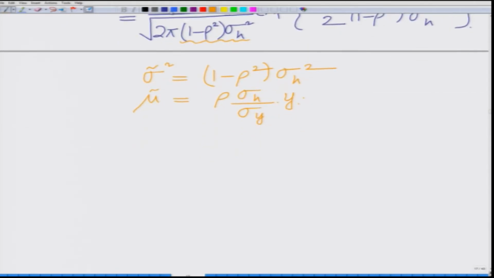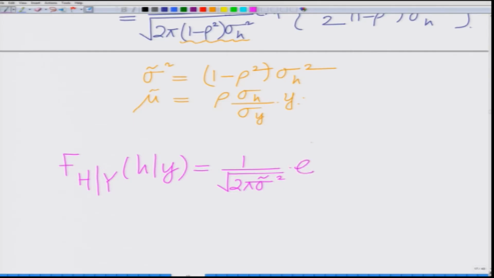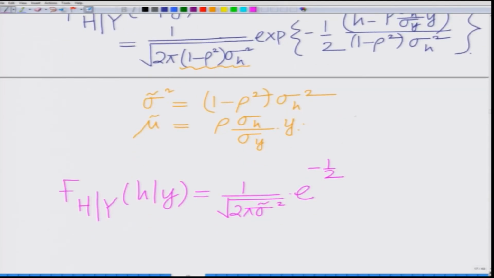If I write this conditional probability density function, f of h given y of h given y equals 1 over square root 2 pi sigma tilde square, e raised to minus half, h minus mu tilde whole square divided by sigma tilde square.